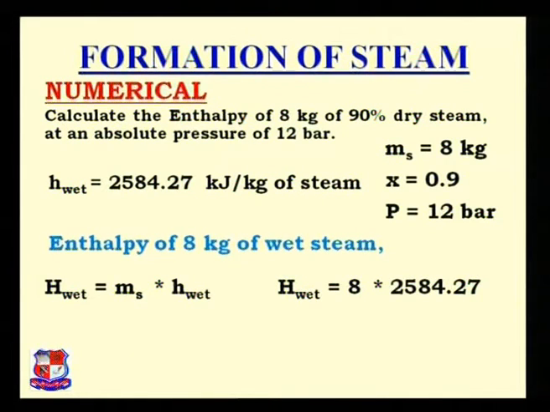Substituting this value, capital H wet, that is the total enthalpy of 8 kilogram of wet steam, is equal to 8 multiplied by 2584.27, which comes out to be 20,674.16. In this way we have got the answer for this numerical, in which wet steam is given having the dryness fraction 90%.